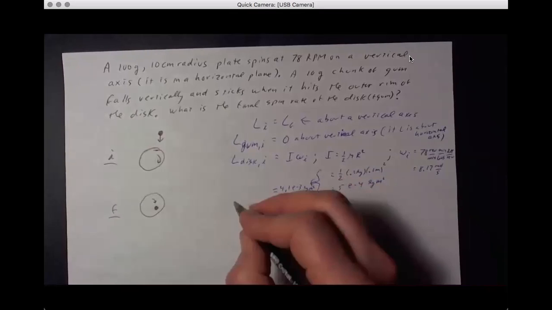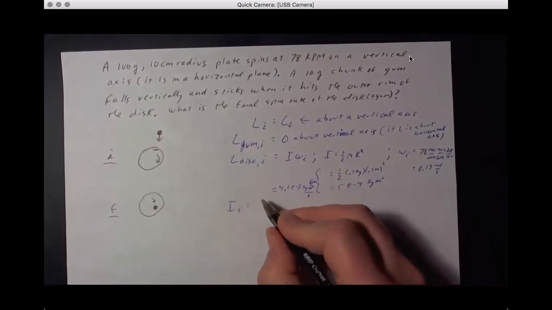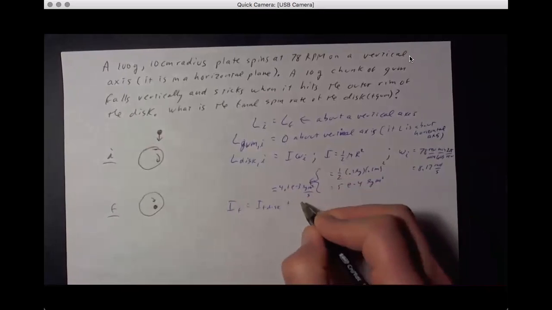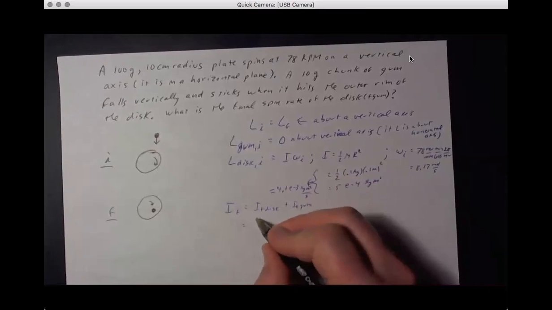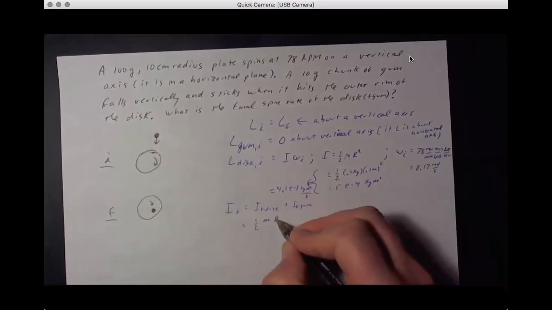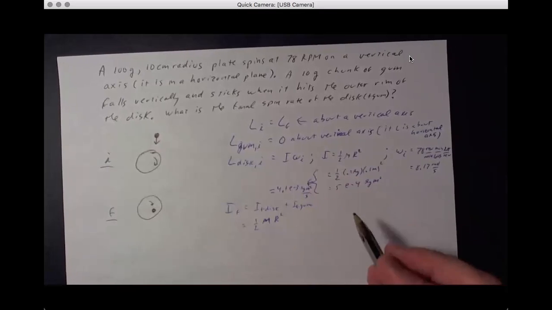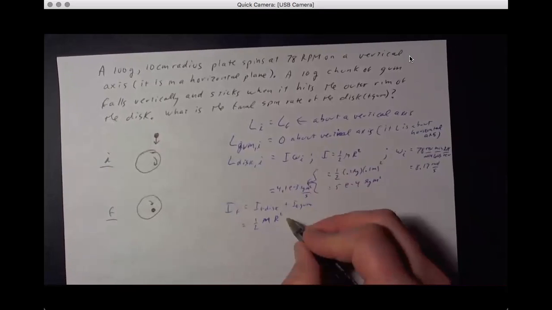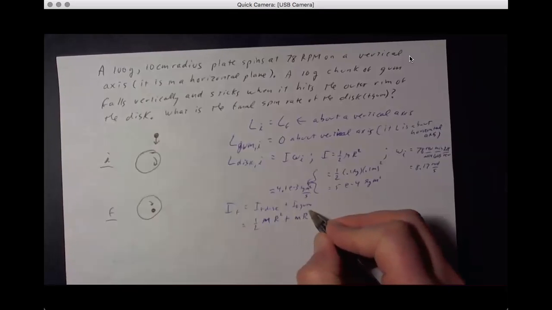Okay, I final is equal to I final disk plus I final gum, which is equal to 1/2 mr squared, which is the same as it was before, plus mr squared.